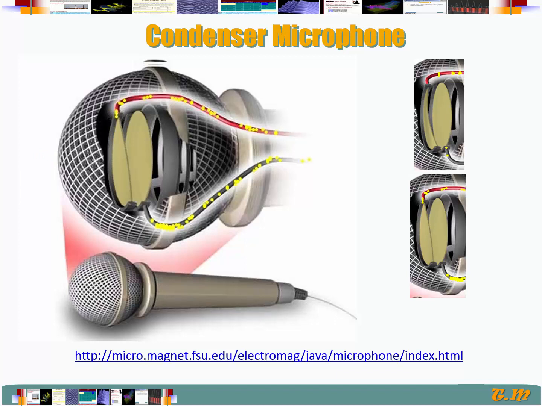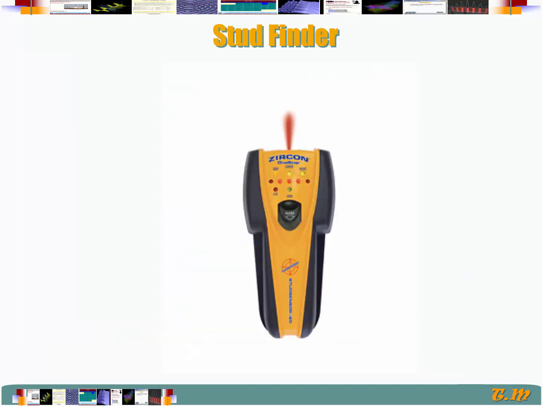Another interesting use for capacitors is what we call the stud finder. In this particular case, the two conducting surfaces in the stud finder are actually within the device. But the material between those plates, among them the stud and the wall, are going to act as the dielectric between the plates.